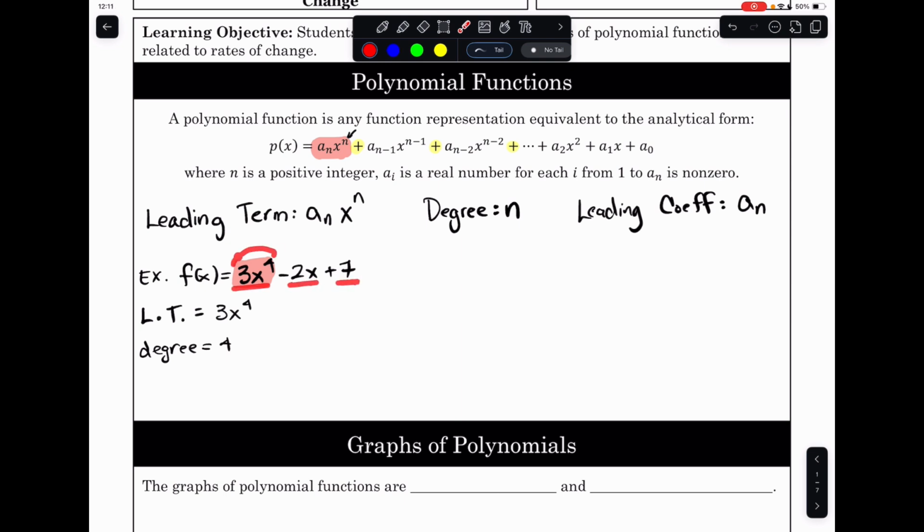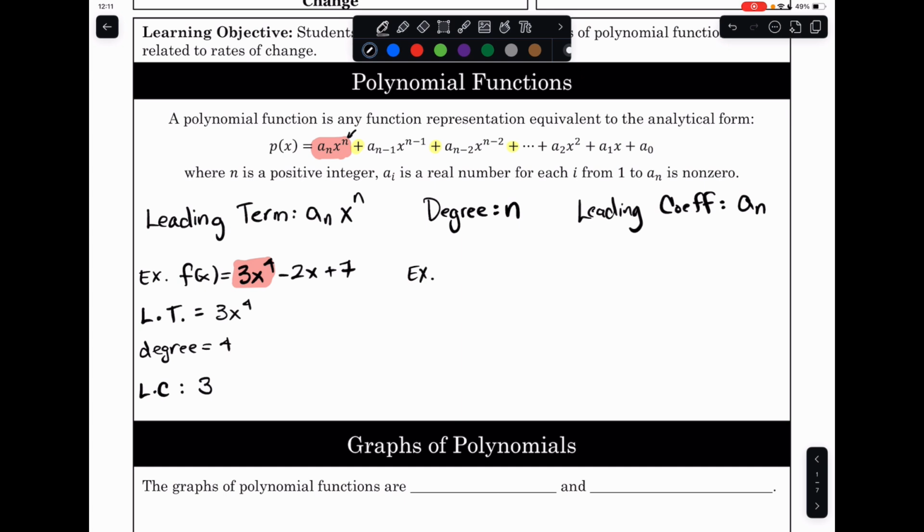And that highest exponent refers to the degree of the polynomial. And our leading coefficient is the number 3, the number that we're multiplying to this value of x. And like I said, we'll get into the details of why that's important and how we can use that leading term. Let's look at another example.